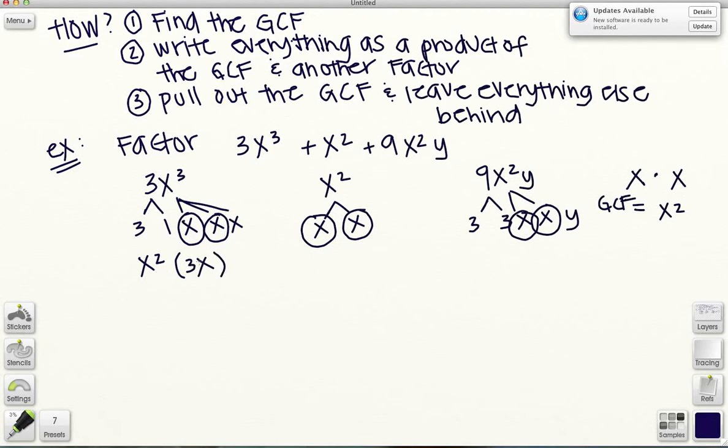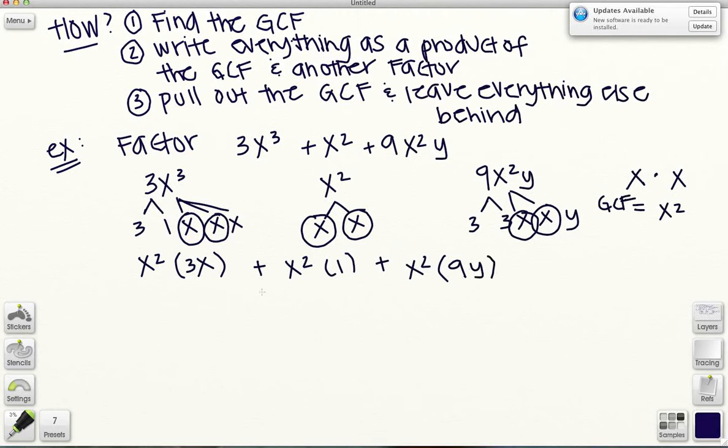So in parentheses, I have a 3x. Okay, I'm going to put in my plus sign and pull out my x squared. What do I need to multiply x squared by to get x squared? Well, I need a 1. Put in my plus sign, write my x squared. What do I need to multiply x squared by to get 9x squared y? Well, I definitely need that 9. The x squared's already there, so then I need my y.